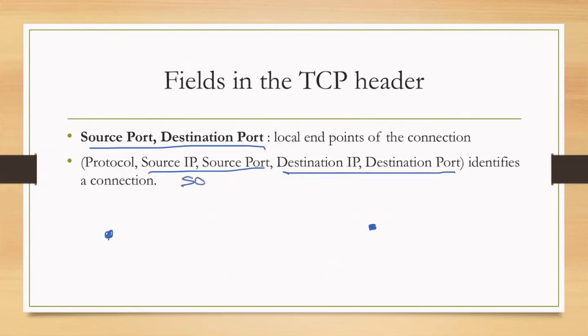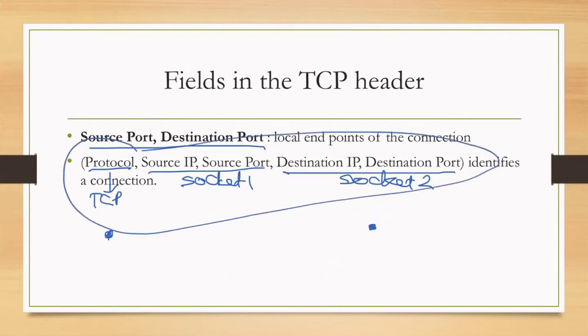So this is socket 1, this is socket 2. Along with that, the protocol number: if it is TCP, it is TCP, and if it is UDP, it will be UDP. So these 5 values will identify a connection. So you have the source port number and the destination port number.